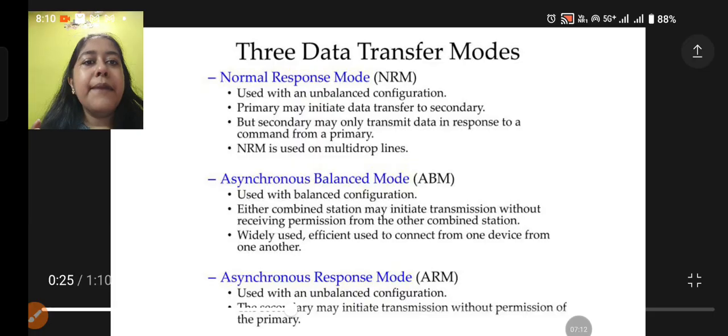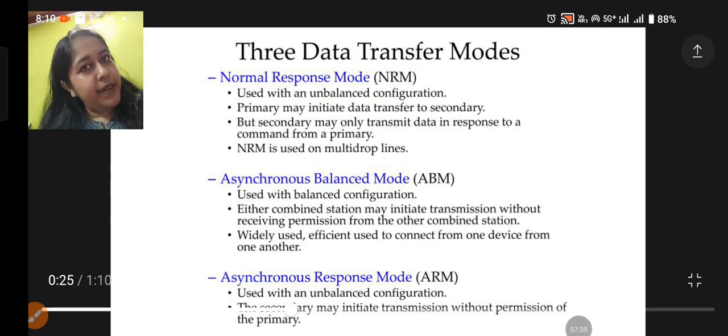So the primary may initiate data transfer to the secondary. The initiation is being done by the primary station. But the secondary may only transmit data in response to a command from the primary. The secondary station will only give a response when it is getting a particular command from the primary station.